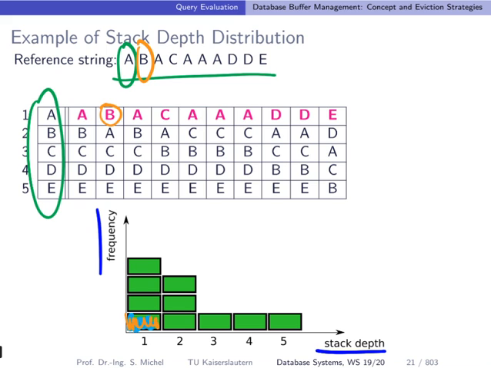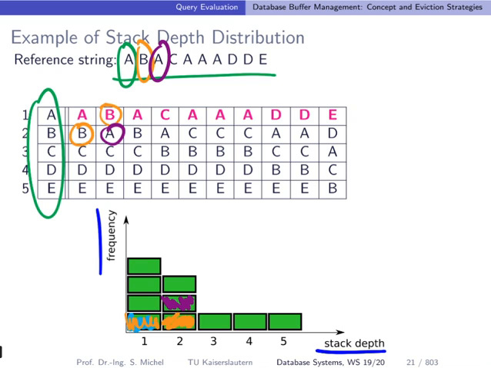Then you access B, and B jumps to the top position. B was previously on position 2, so we count one extra for position 2. Then we access A again. A is now at position 2, so we increment the count for position 2.